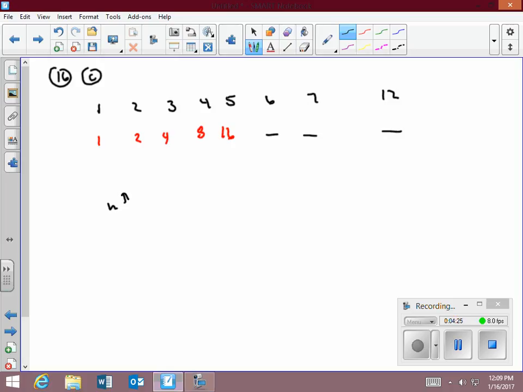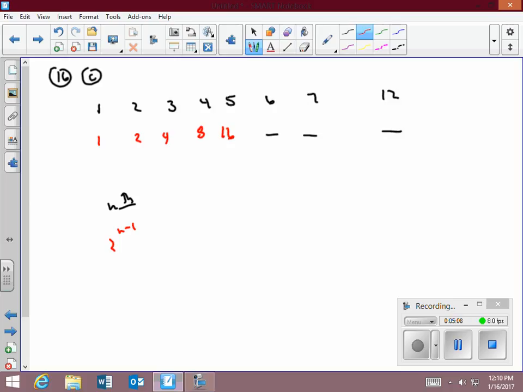And then the nth term. These are 2, n minus 1 is the power. Okay, very good.